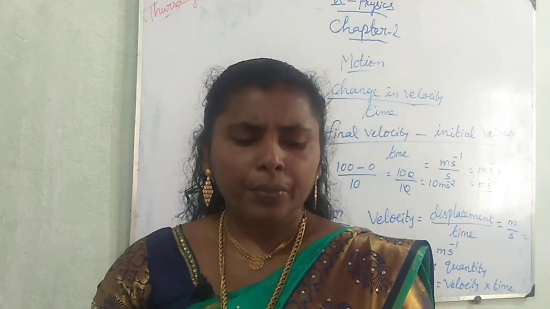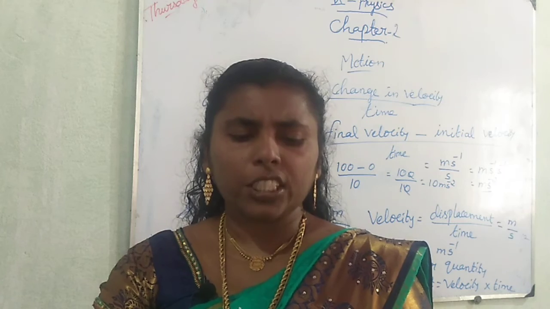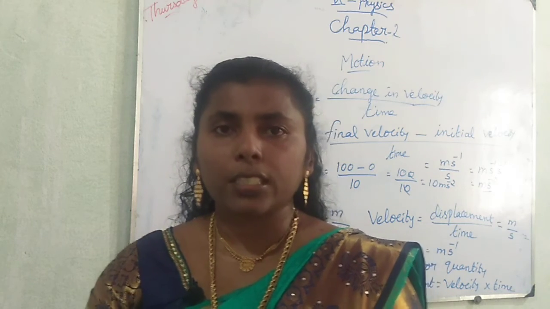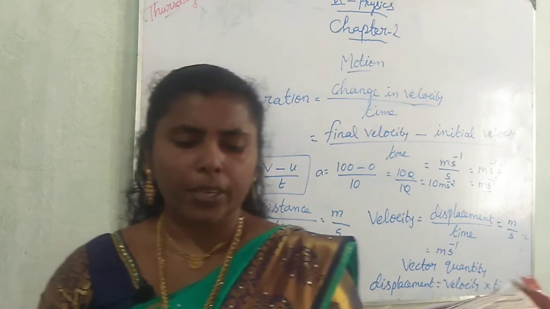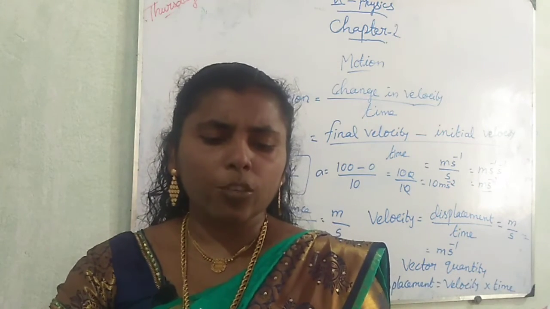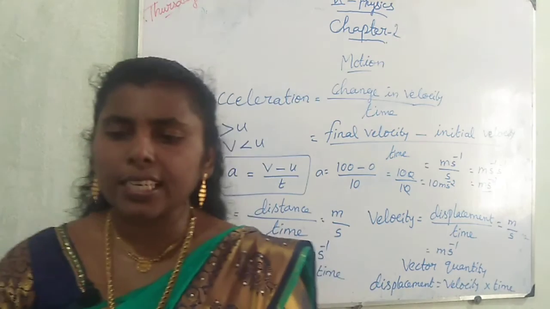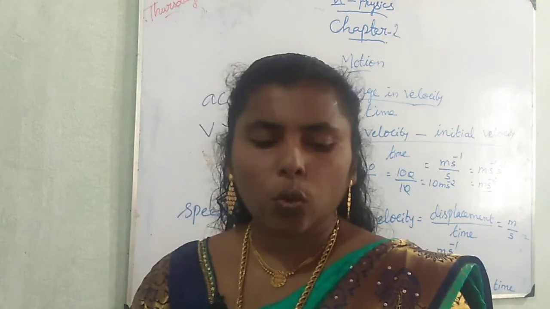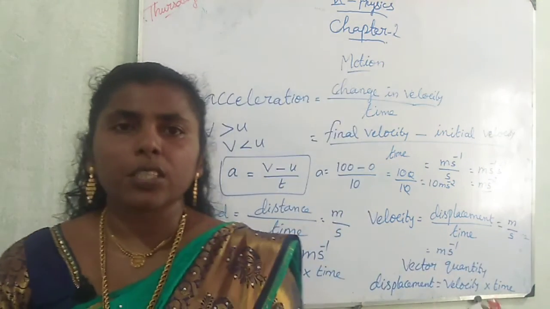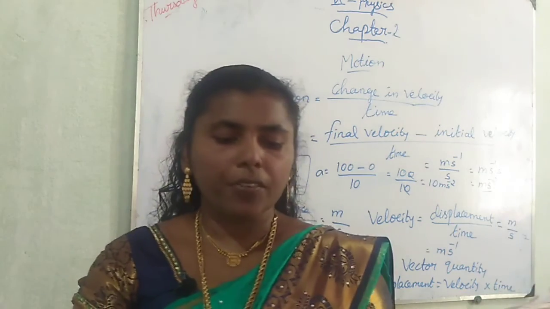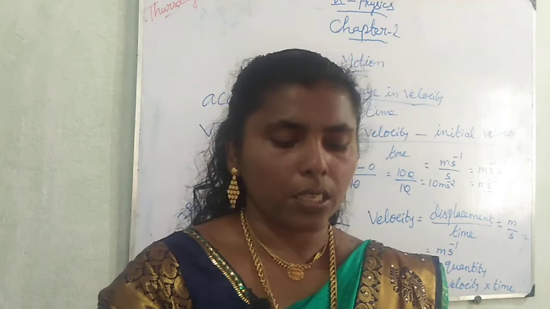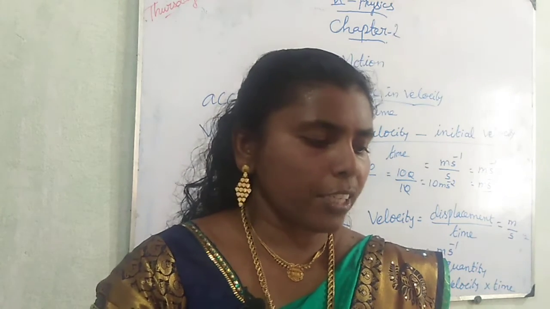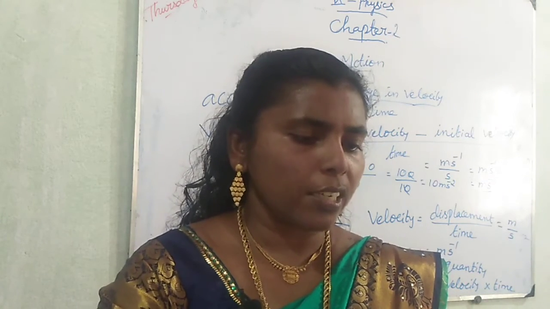Second point, distance is a scalar quantity, and displacement is a vector quantity. Then third point, the unit of distance is meter and the unit of displacement is meter. So these are the differences between distance and displacement.